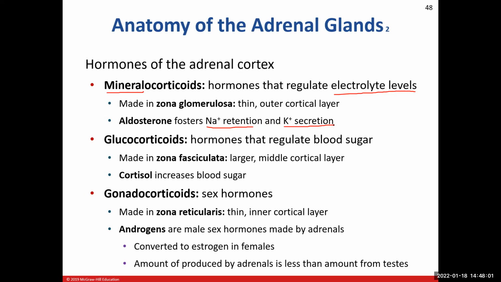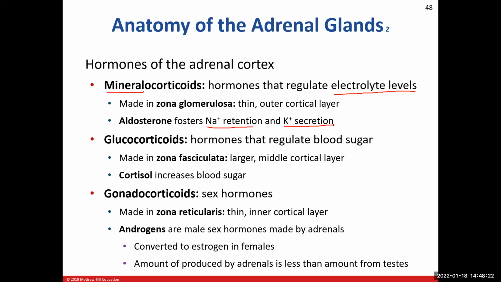Water is the follower. I've said this before. It's going to follow glucose wherever glucose wants to go, and it's going to follow sodium. So if you're getting rid of sodium in your pee, you're getting rid of water in your pee. If you're retaining sodium and keeping it in your body, you're going to be retaining water also.